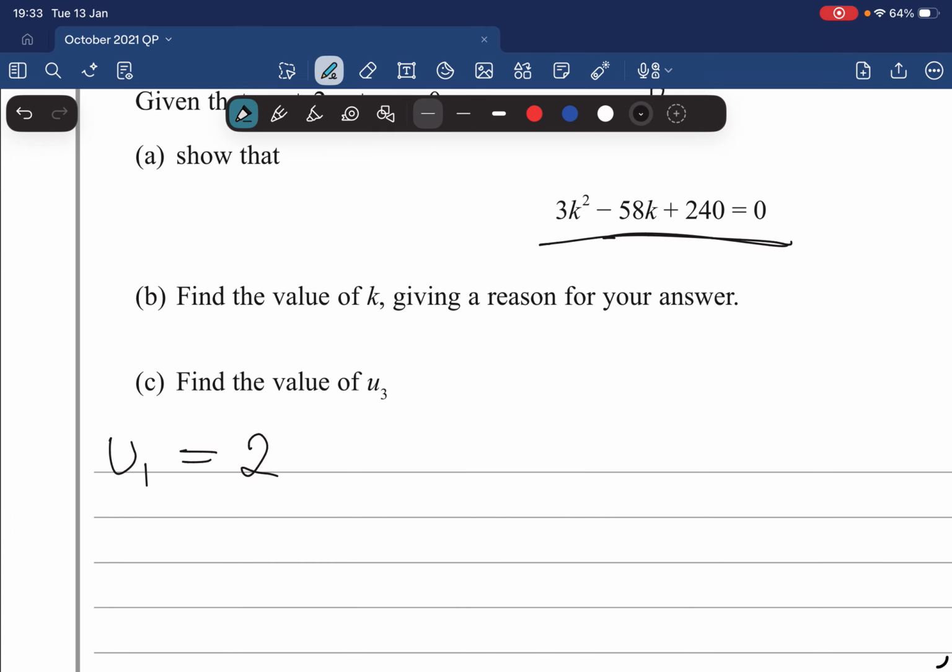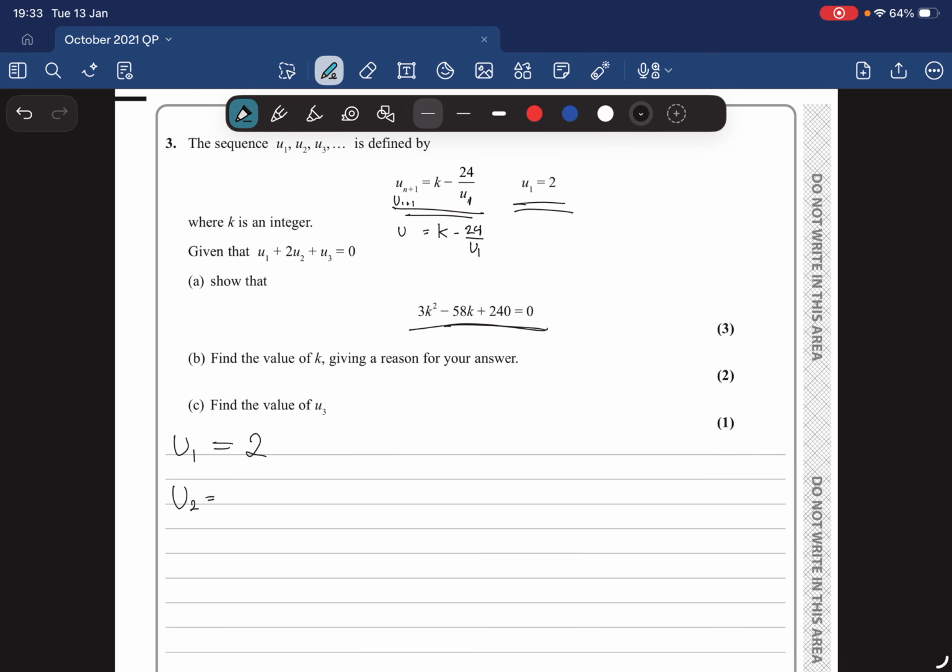So u2 is equal to k minus 24 over u1. Well, that is equal to k minus 24 over 2. Well, that bad boy gives us k minus 12. Okay, and that is u2. So u2 is equal to k minus 12.